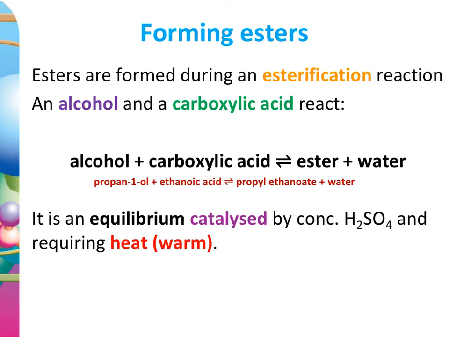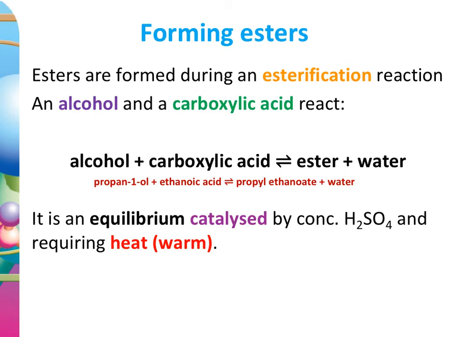So making an ester is a reaction between an alcohol and a carboxylic acid, and that type of reaction is called an esterification reaction. So we've got an example there. We've got propan-1-ol reacting with ethanoic acid to produce propyl ethanoate, and we're going to talk about the names in a second, so don't worry too much about that right now. And then water.